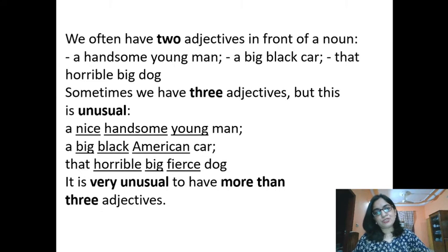It is unnatural to use three adjectives. When you say a horrible big fierce dog or a big black American car, it is still acceptable, but do not use more than three adjectives. It is very unusual to have more than three adjectives with a noun. So if there's a need, please use two adjectives.